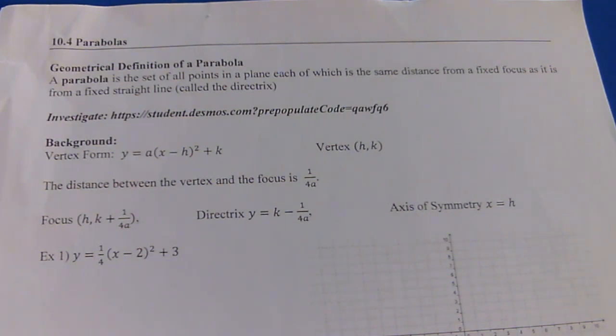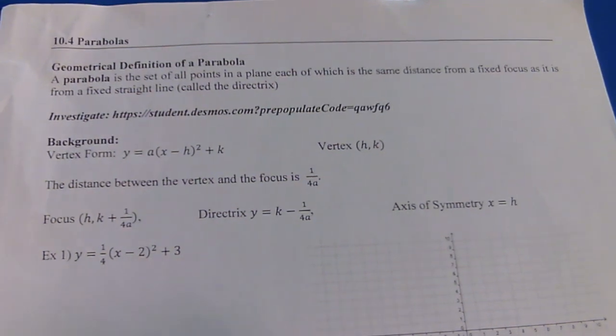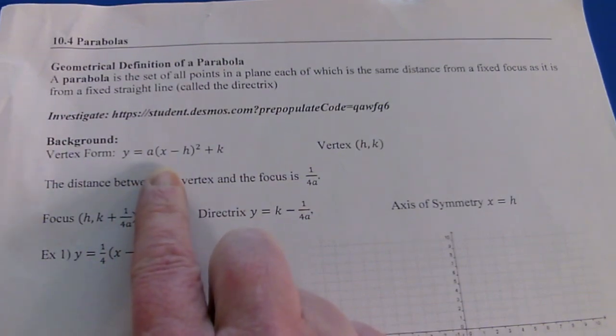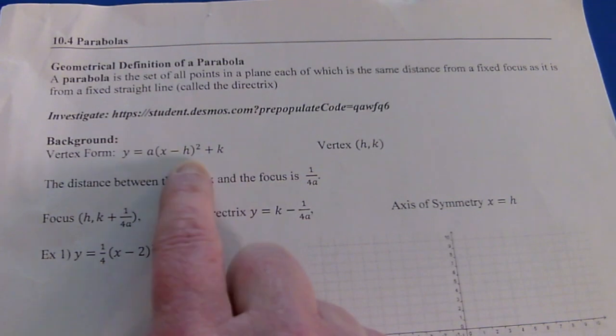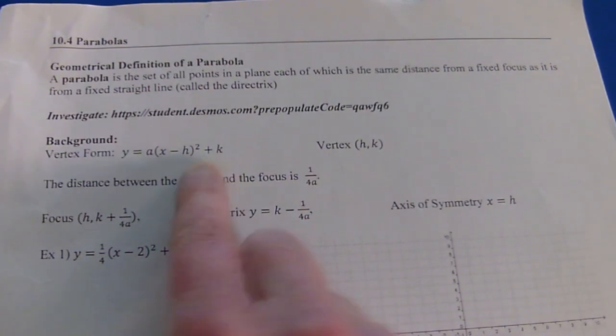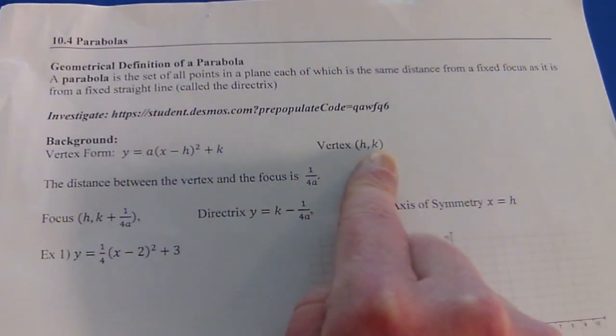I'm going to start with our traditional way, and then I'll show you how the textbook changes it just a little bit, and we can really get an idea of what's going on here. So this is our normal way to write a parabola. My vertex would be (h, k) because I moved right h, up k. Vertex is (h, k).